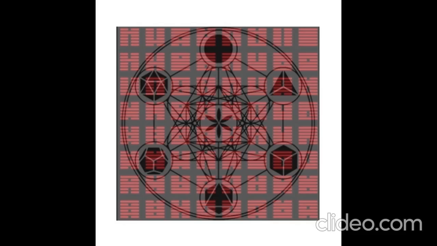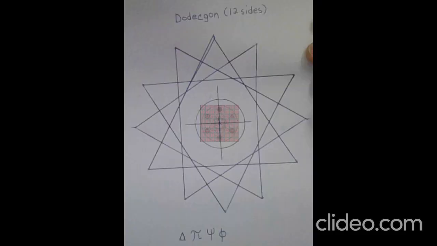So we go to the next slide. Oh, what do we have here? Well, we've got the dodecagon, the 12-pointed geometric shape. Another reason I labeled this as delta is because there are 12 points.